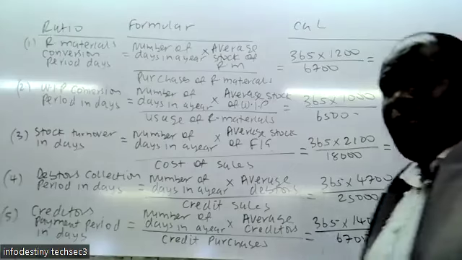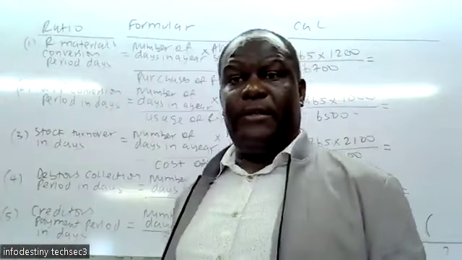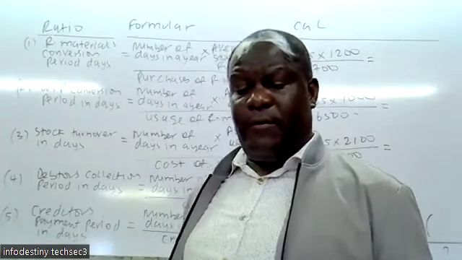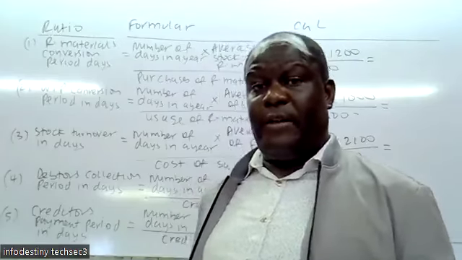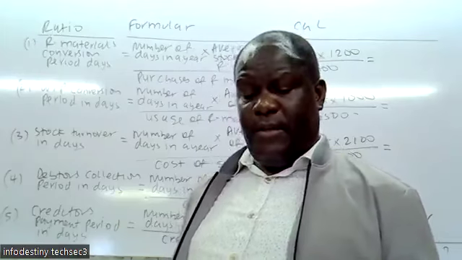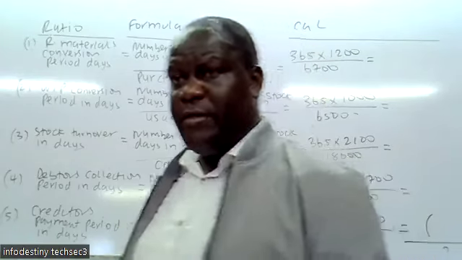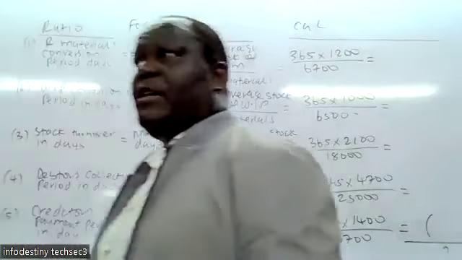For that question 3, part B, they gave you details that the following information was extracted from the financial statements of a manufacturing company. They gave you average total debtors outstanding.